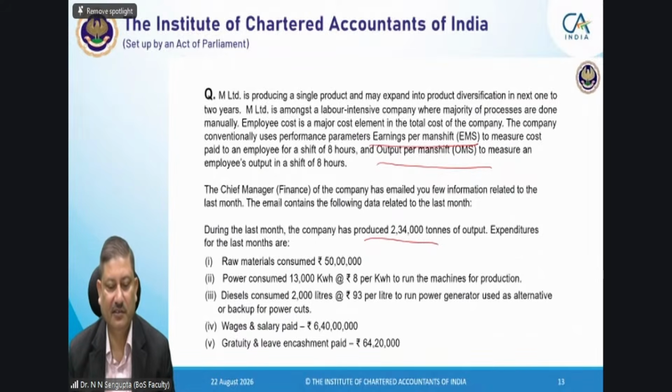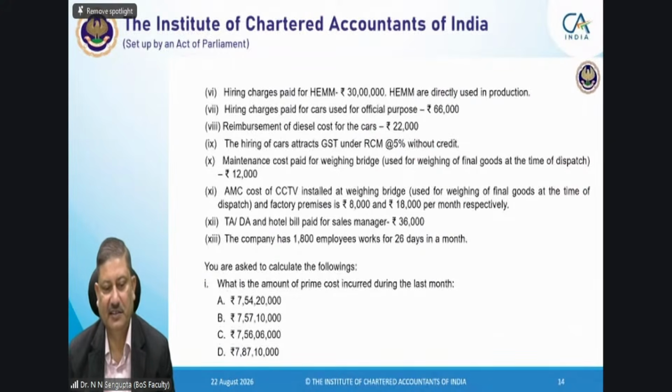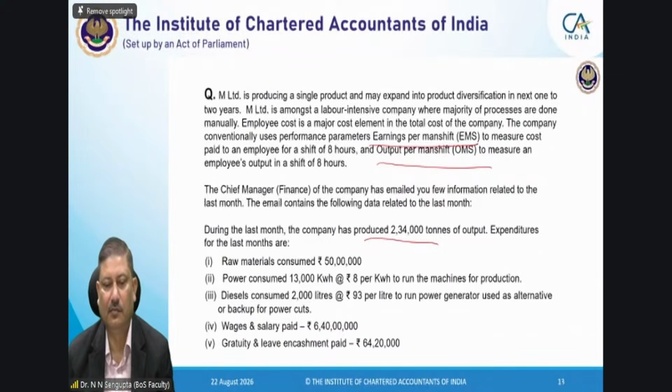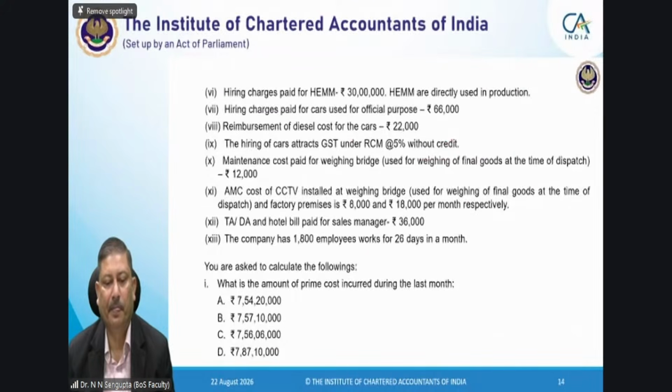Then raw material consumption is given, power consumption is given, diesel consumption is given, wages and salary is given, gratuity and leave encashment is also given. Hire charges paid for car, reimbursement of diesel. Then there is GST also, maintenance cost, AMC, TADA, and hotel bill. The number of employees the company has is also given.